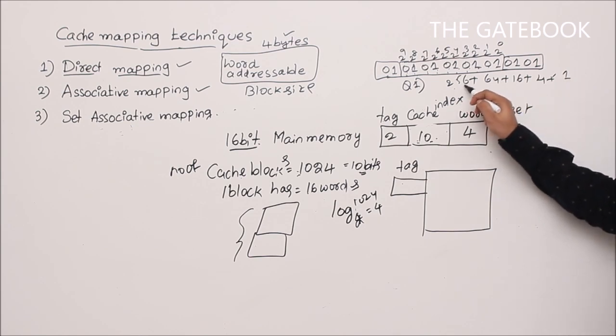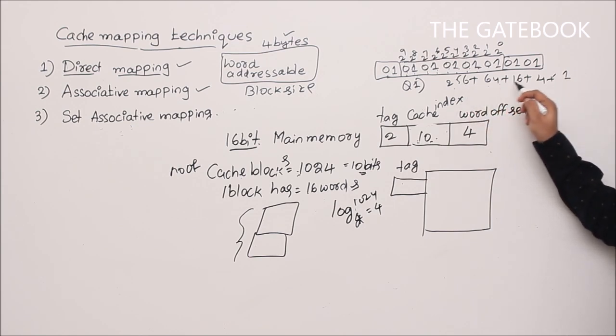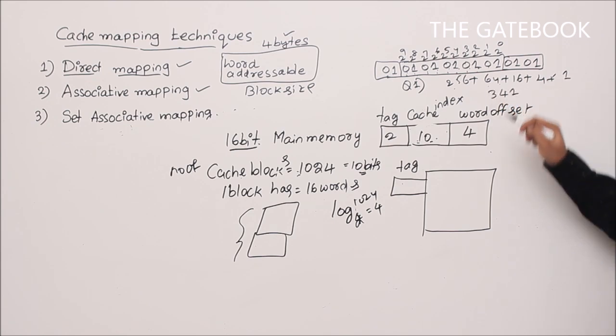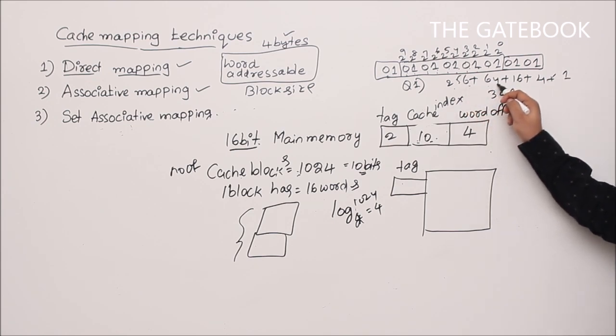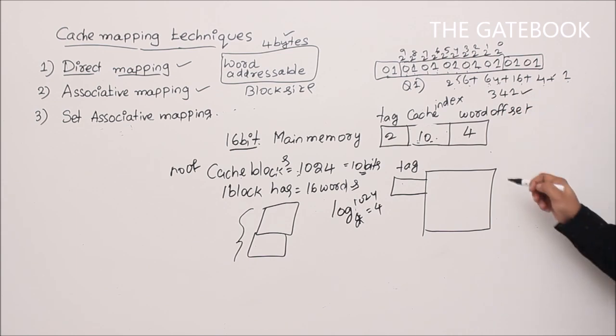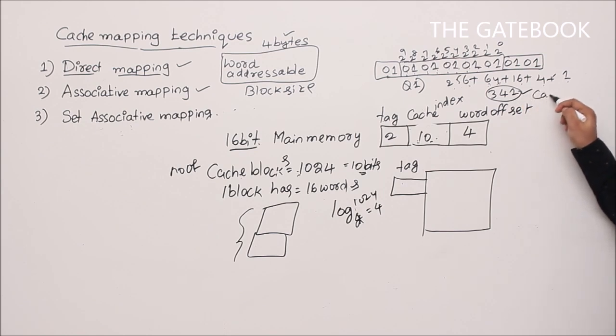It would become 256, 320, 336, 340, 341, right? It would become 341. So 341 is the cache block number.